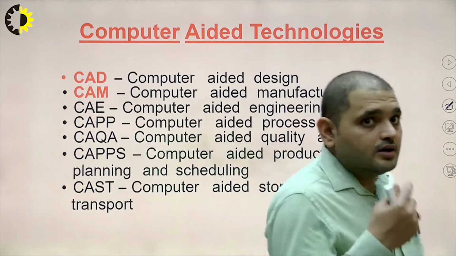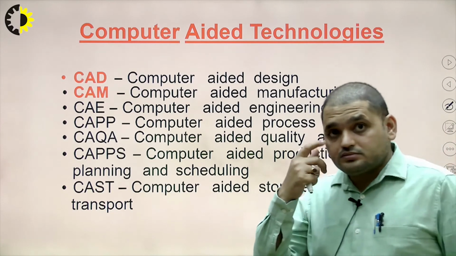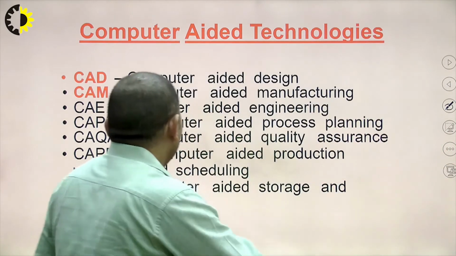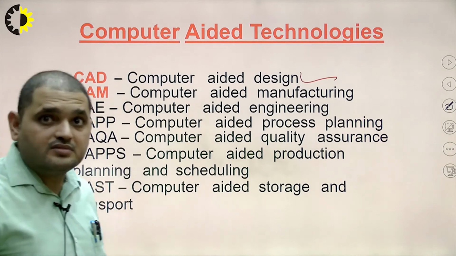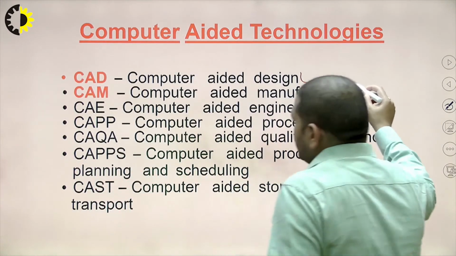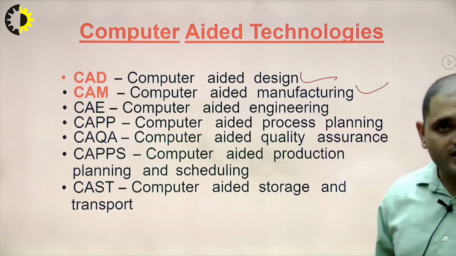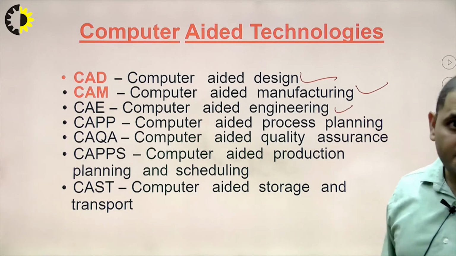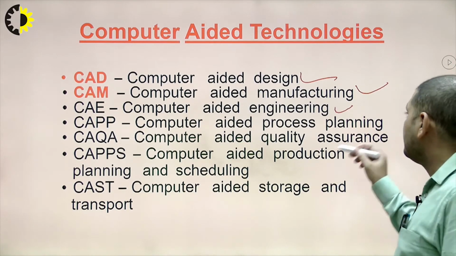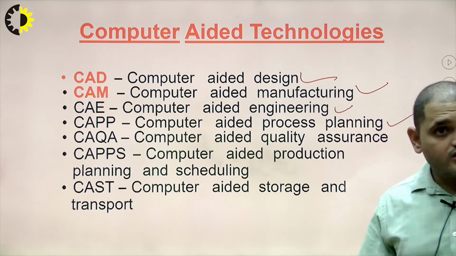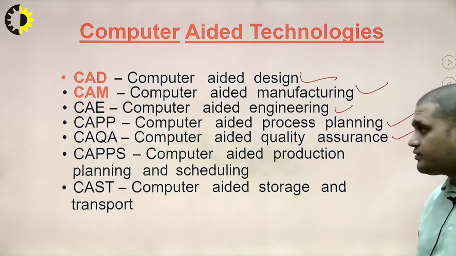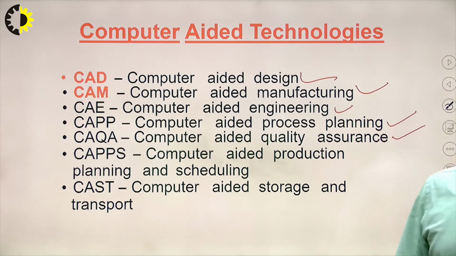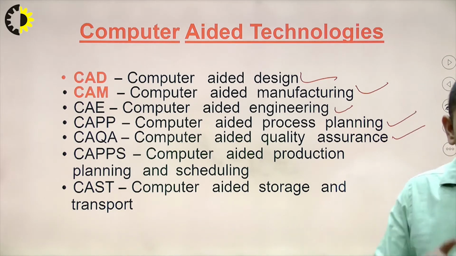So these are the software, that is CAD, computer aided design, CAM, computer aided manufacturing, and CAE, which is computer aided engineering. Then CAP, which is computer aided process planning. We will study all of these. CAQA, that is computer aided quality assurance, which you use for quality control purposes. Next is CAPS, that is computer aided production planning and scheduling.